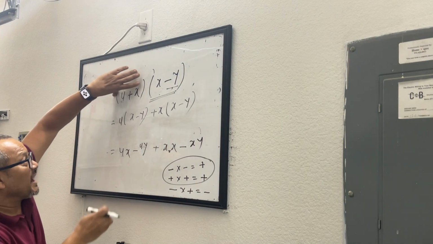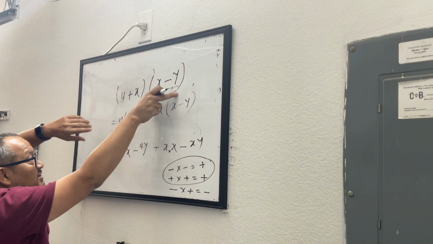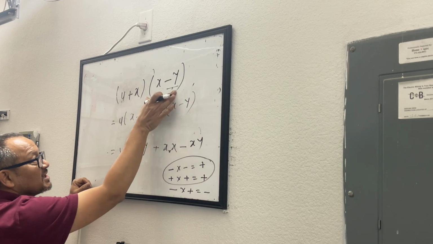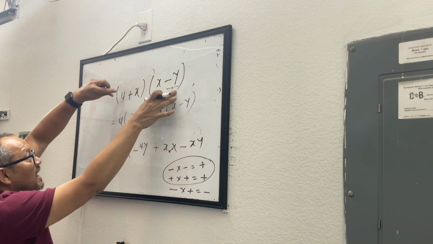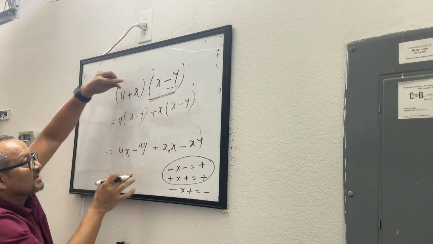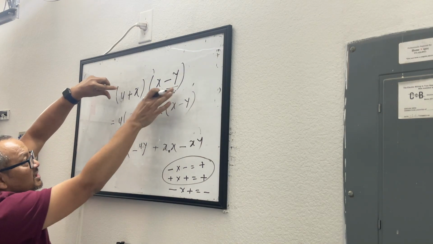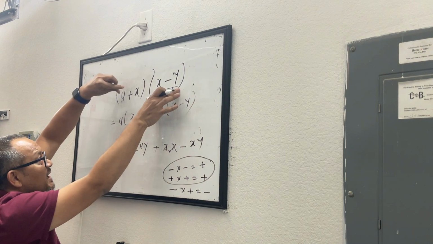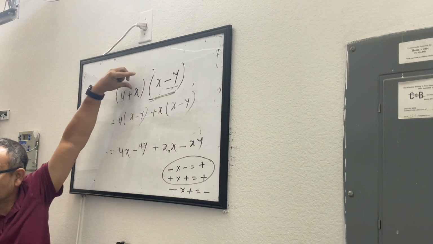So when I had to break these 2 brackets together, I said, okay, let me fix this as one piece. That means I'll multiply this piece with 4 and multiply this piece with x. So that's what we are seeing here. So this piece, x minus y, is first multiplied with 4 and this piece again is multiplied with x. That is my second term.